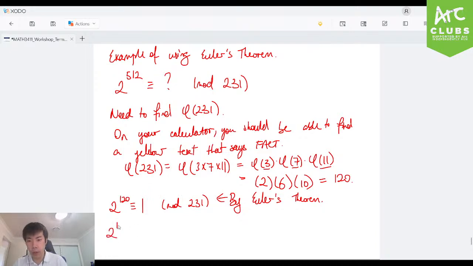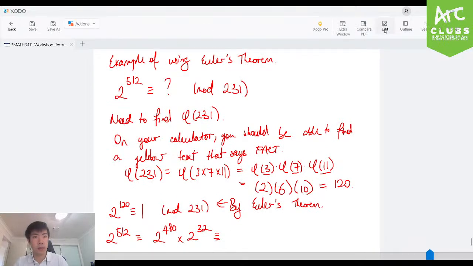So we get 2 to the power of 512 is the same as 2 to the power of 480, that's 120 times 4, times 2 to the power of 32. And that is the same as, I don't know why I wrote so many little dashes. Let me fix that.